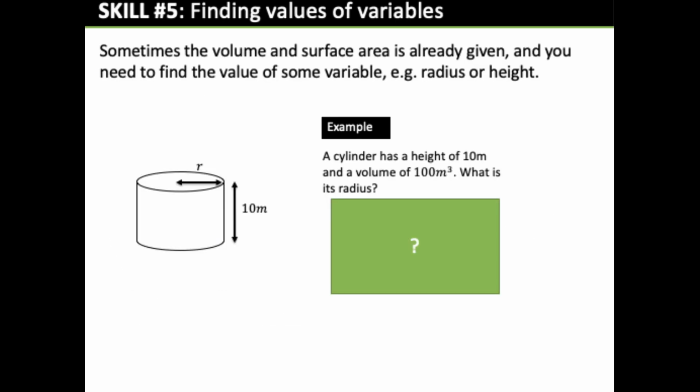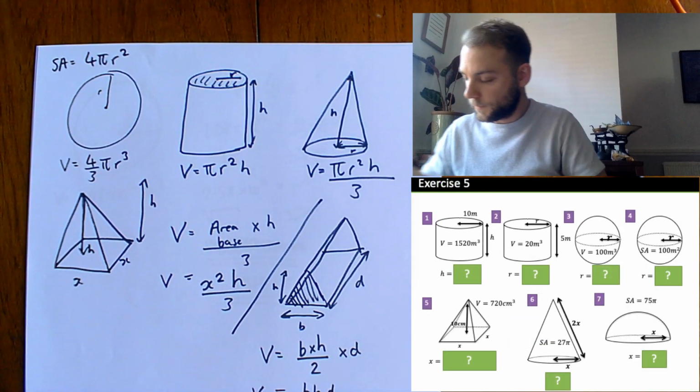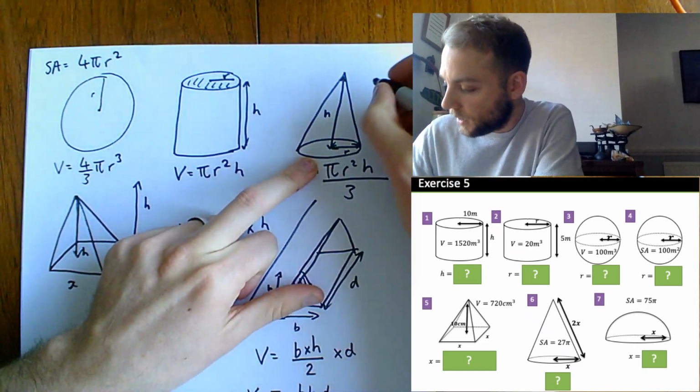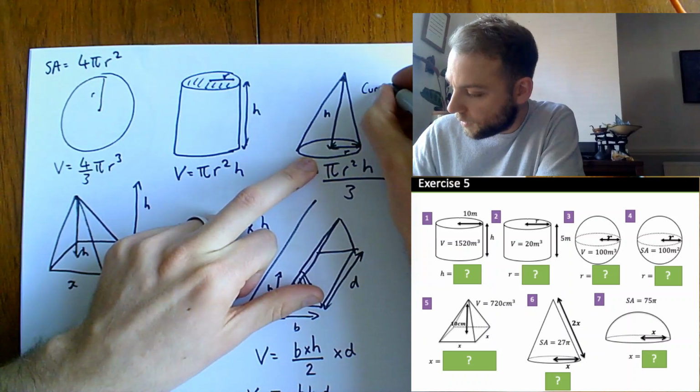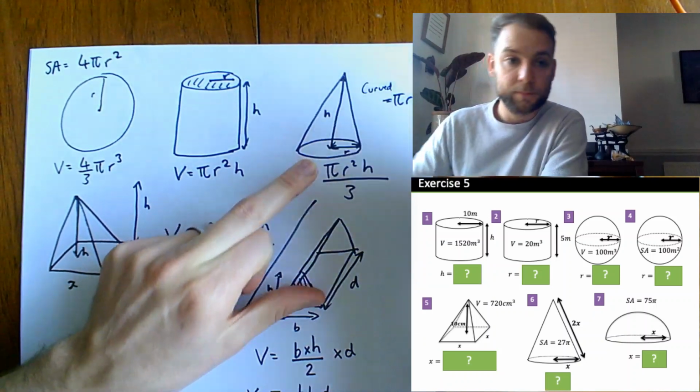These are all the things we've done recently. This is question 6. Really tough there. So if you wanted to know the curved surface area of the cone, the curved was equal to pi RL.